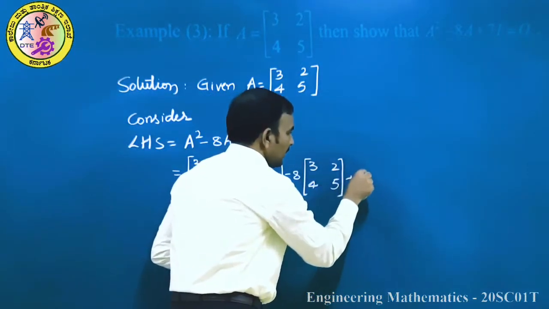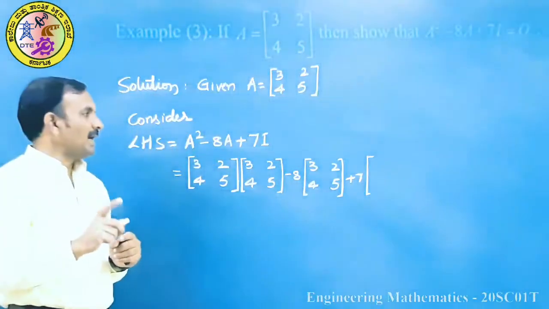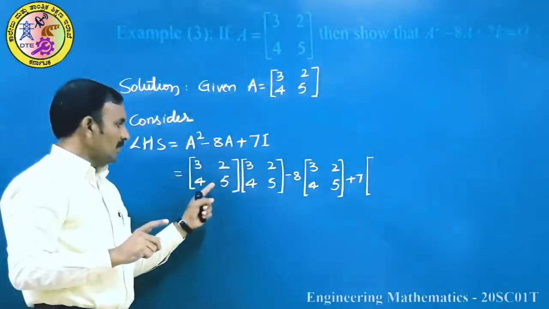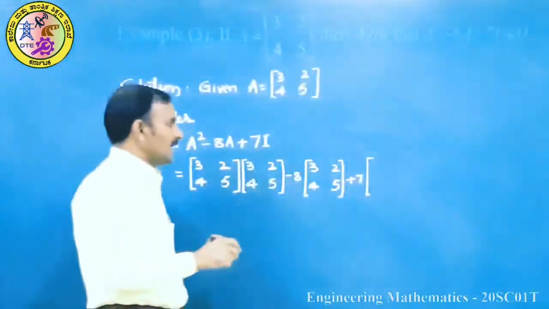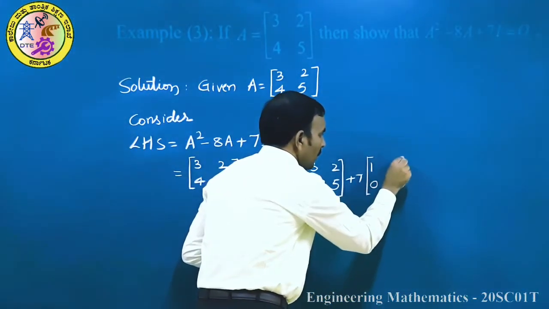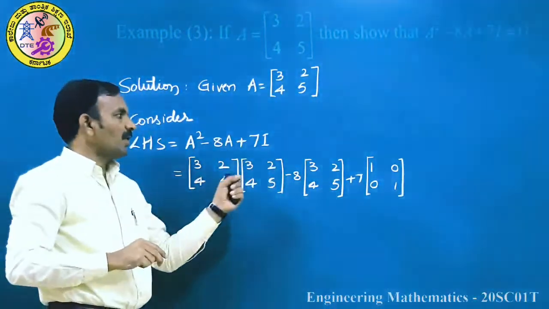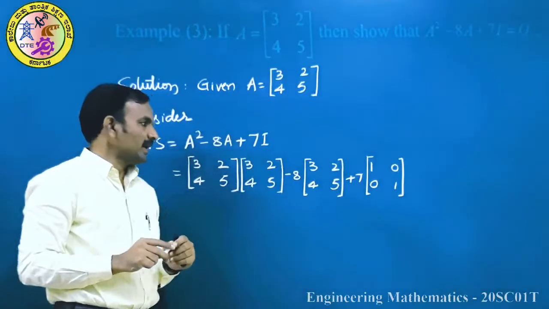What is I? I is a unit matrix of order 2, written as [1 0; 0 1]. It is the unit matrix or identity matrix. In the definitions we have learned the meaning of the unit matrix.